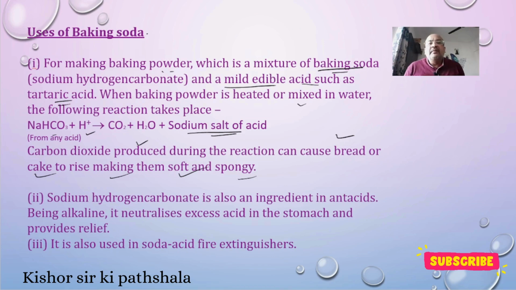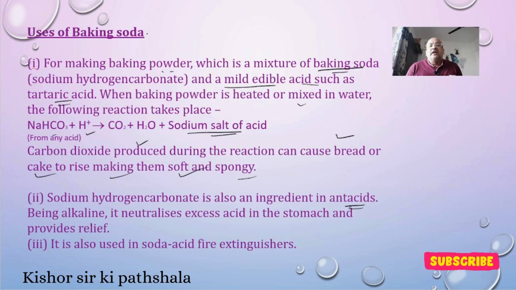So baking powder is used in what? In the bakery industry, right? Sodium hydrogen carbonate is also an ingredient in antacids. You know that a lot of acidity happens sometimes. So what do you do? You take an antacid.